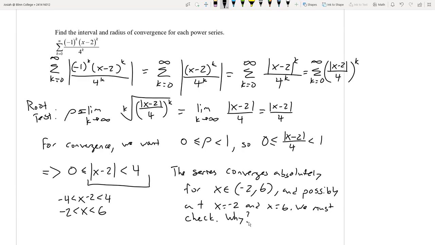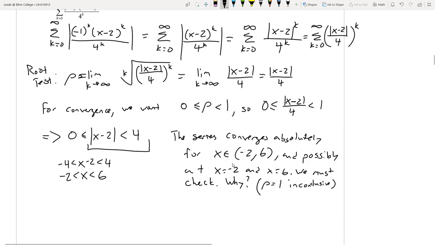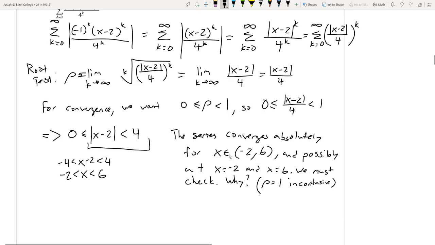And we think, why is that? What happens when x is equal to negative 2 and 6? Back up in this context, when x is equal to negative 2, we get negative 2 minus 2, absolute value is 4 over 4. That's equal to 1. So that's an issue, right? When rho equals 1, that's inconclusive. And so that's why we have to specifically check our endpoints.